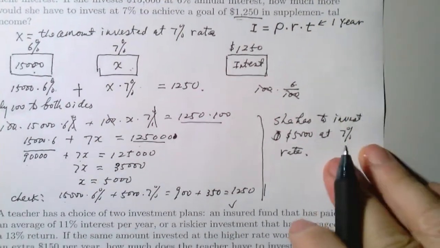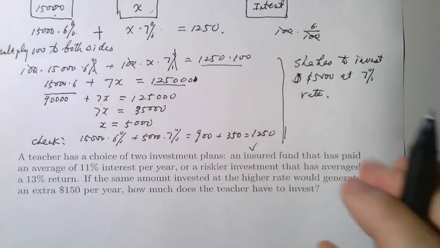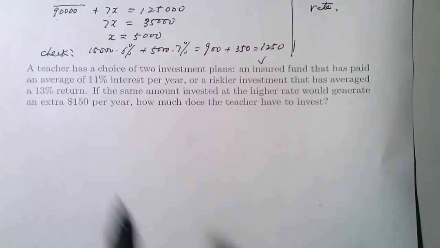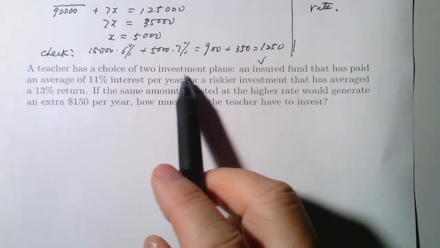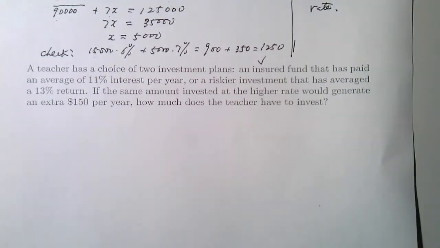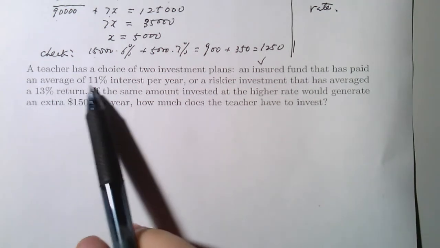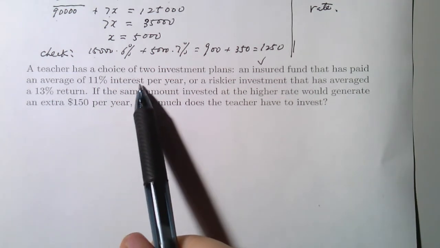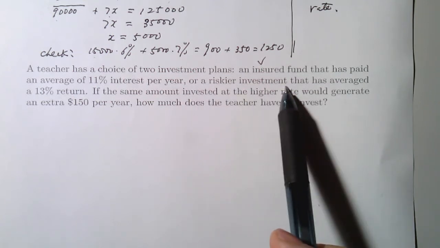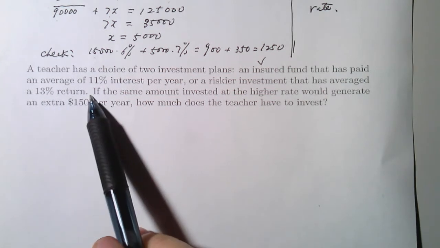And let's take a look at a problem of a slightly different kind. A teacher has a choice of two investment plans: an insured fund that has paid an average of 11% interest per year, or a riskier investment that has averaged a 13% return.